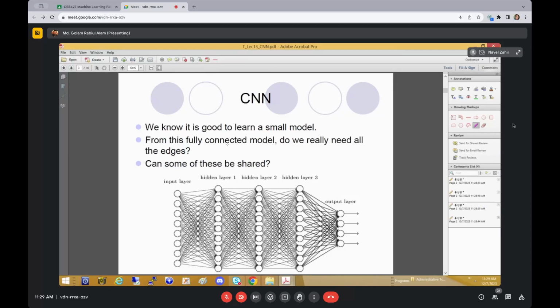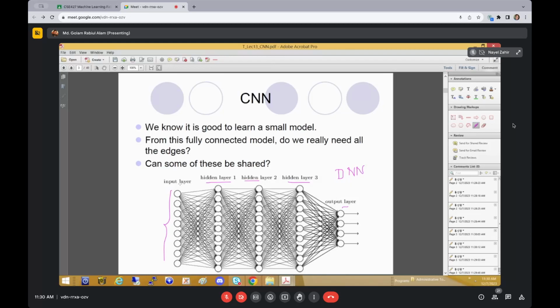Here is one of the neural network architectures. It has many hidden layers, just 3 hidden layers, so we can call it a deep neural network. In our input layer we have 8 neurons, in hidden layers 1, 2, and 3 we have 10 neurons each, and in the output layer we have 4 neurons.